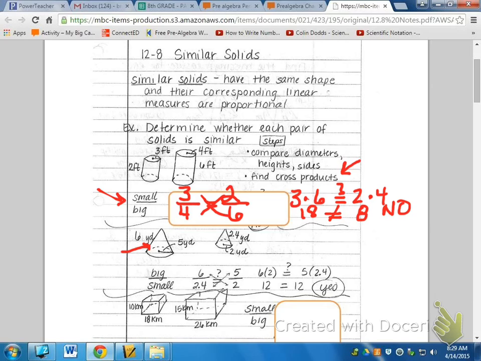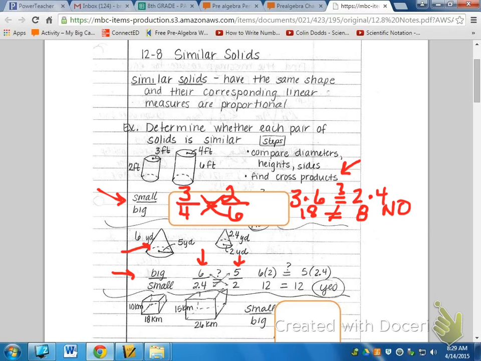So this time, just to show you that you can do it differently, I decided to go big to small. From the big cone, the slant height of 6 matched the slant height of 2.4 on the small cone. The radius of the big cone was 5, and it matched the radius of 2 on the small cone.